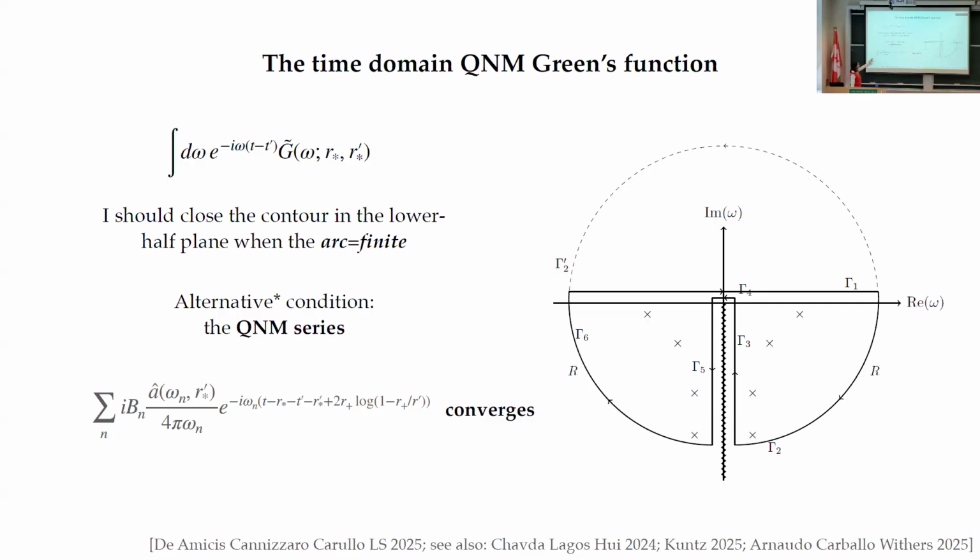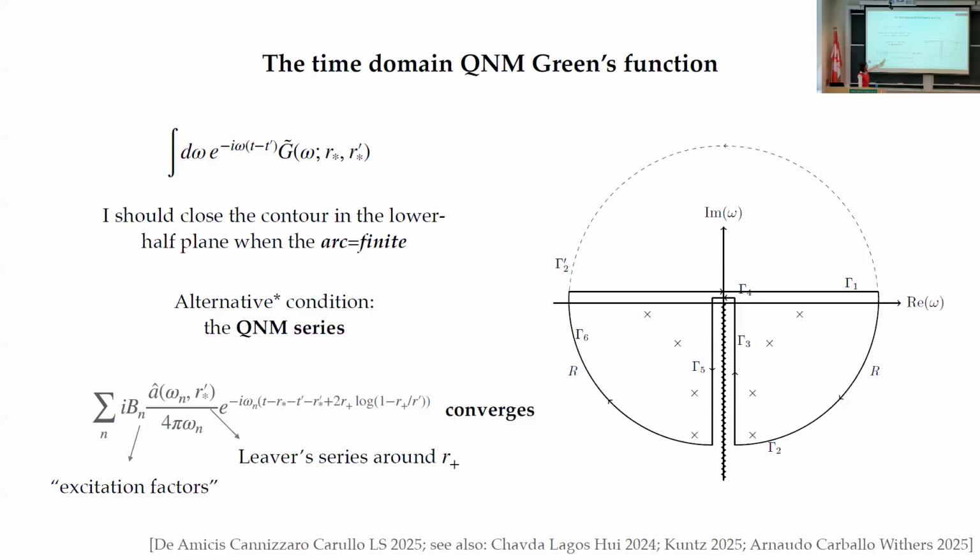And this is what the QNM sum for the Green's function looks like. There are some excitation factors that are essentially the derivative of the Wronskian or the norm of the mode. And we have what are essentially the series part of Leaver's solution for the quasi-normal modes.